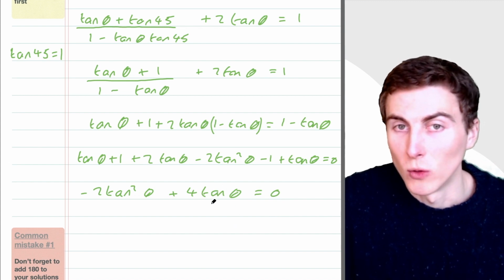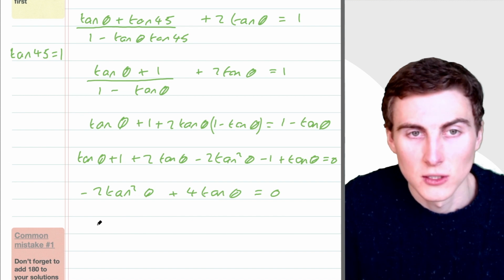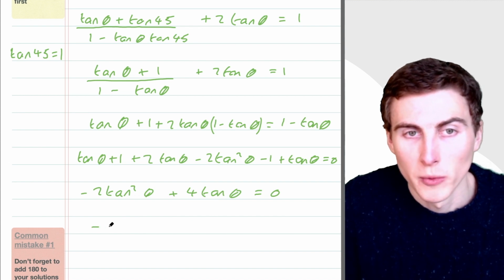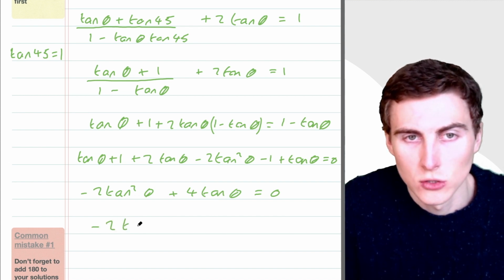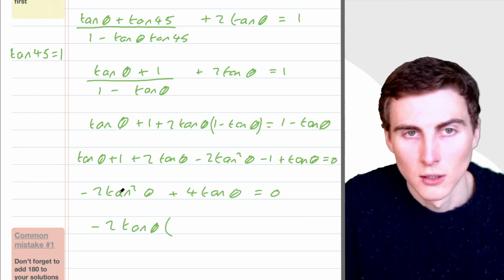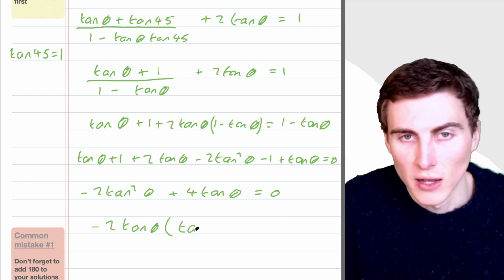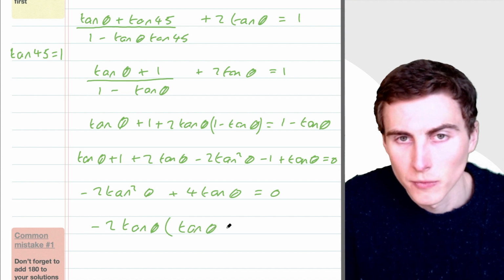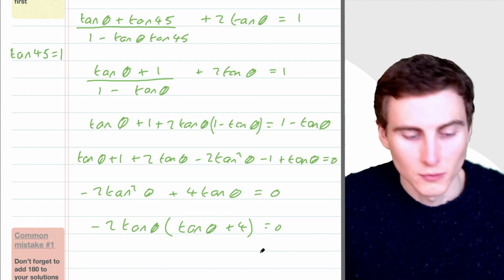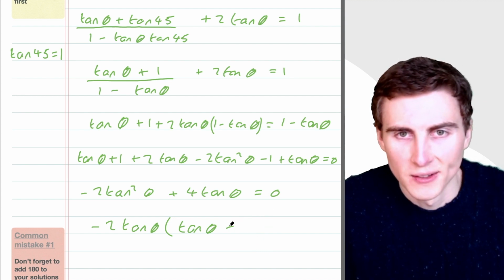And now to find out what my solutions are, I need to factorize it first. So I'm going to take out a common factor of minus 2 tan theta. And in the brackets, I'll just have a tan theta plus 4. Nope, sorry, a mistake there.